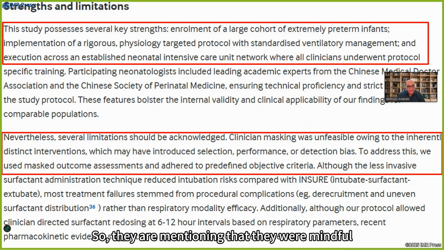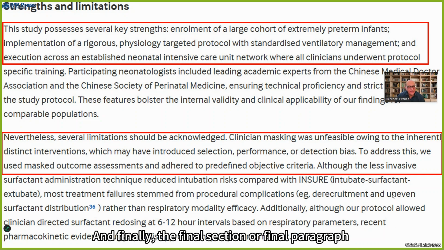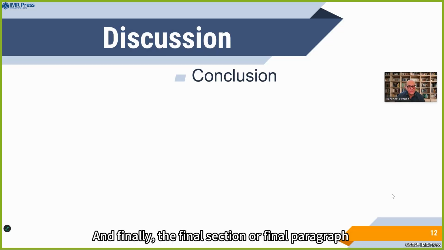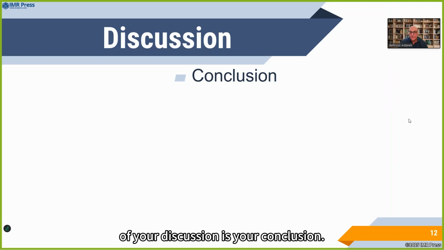So they were mindful of those limitations, and they did try to do masked outcome assessment because of them. And finally, the final paragraph of your discussion is your conclusion.